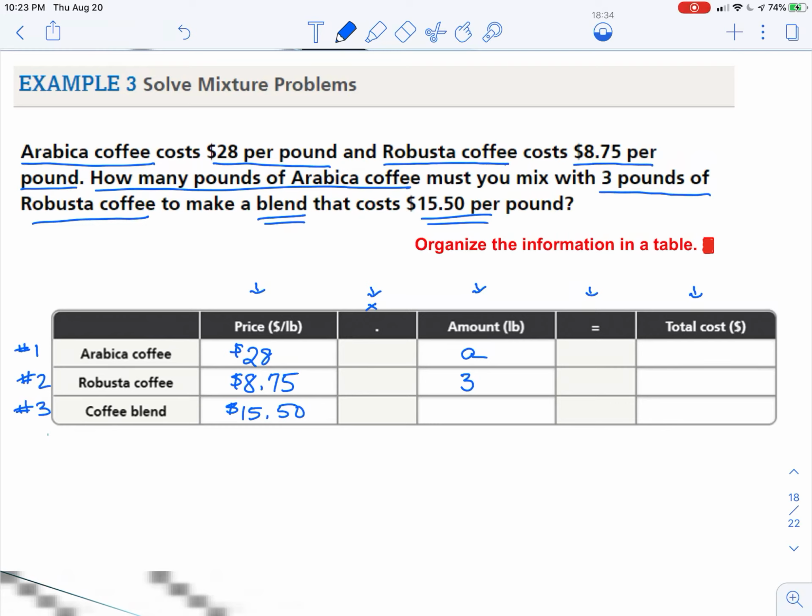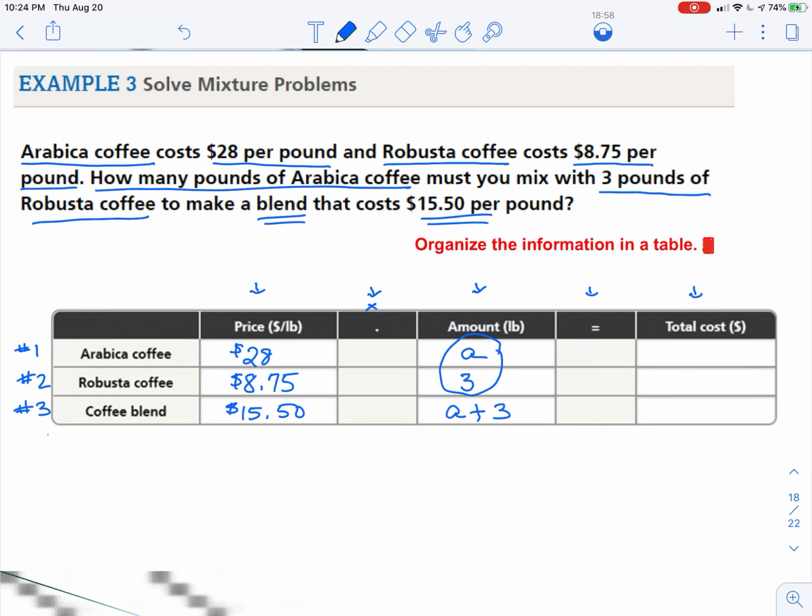We're going to be putting together these 2 amounts of pounds of both of those original coffees, the Arabica plus the Robusta. So the pounds of the Arabica plus the pounds of our Robusta will give us the total amount of pounds of our coffee blend that we're trying to make here.